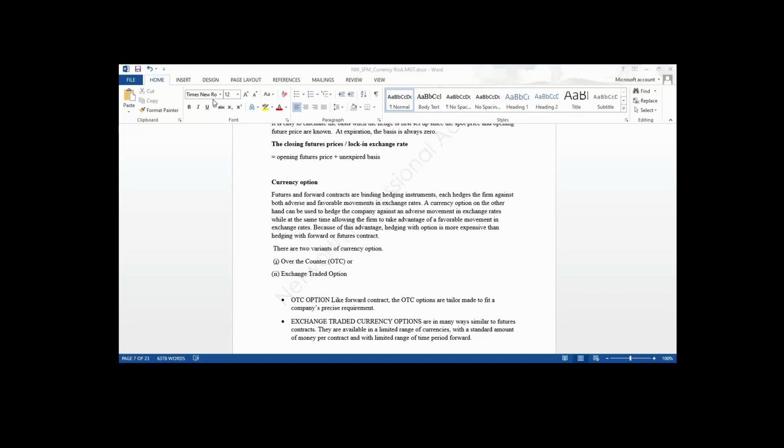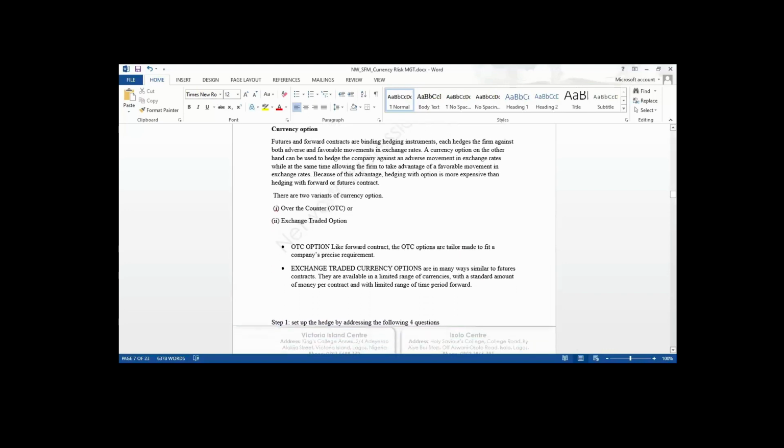Over-the-counter currency options can be designed to meet the precise need of the company. We now have exchange-traded currency options. Exchange-traded currency options are similar in many ways to currency futures contracts.